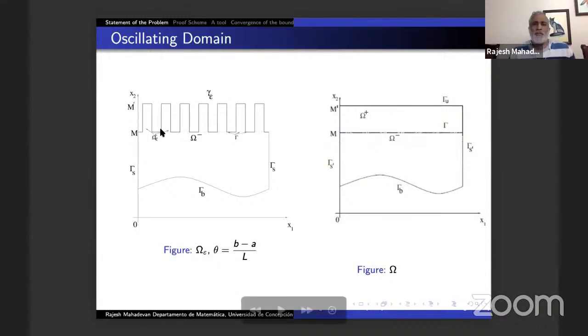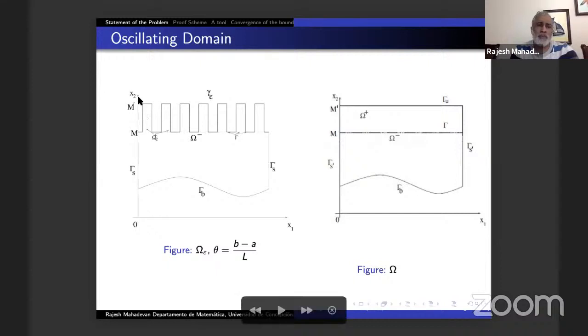So this is the domain. In Francois Murat's talk, there was no assumption on the periodicity, but in this talk we take a periodicity assumption, and it need not be a histogram-like structure, it can be also quite varied, as I will show during the later part of the talk.